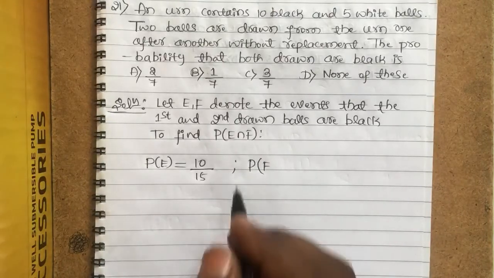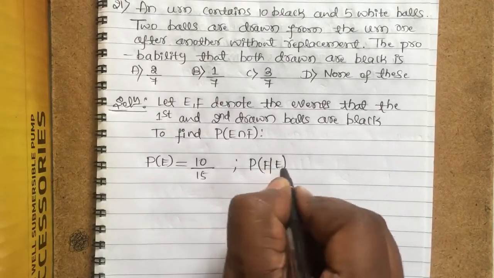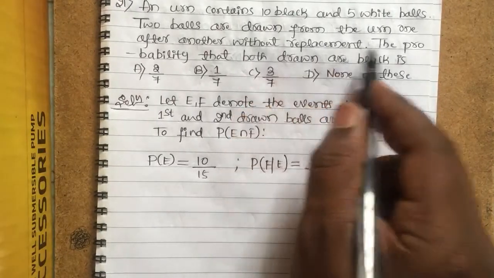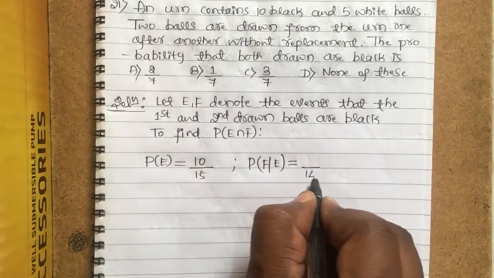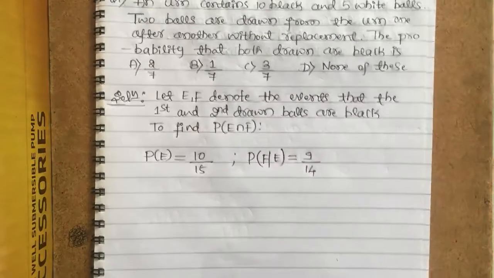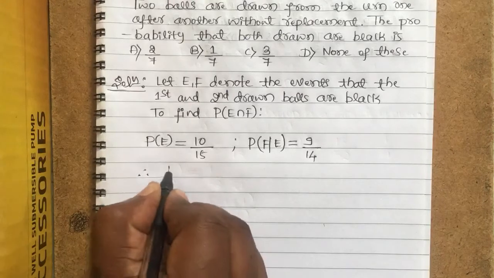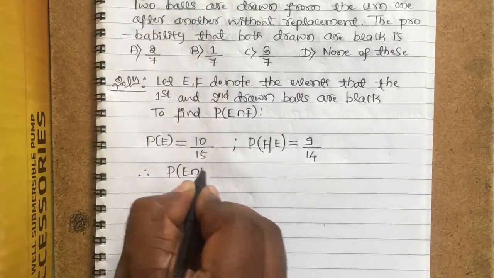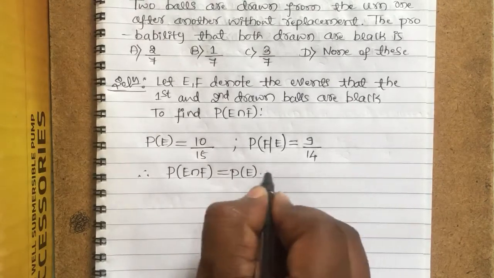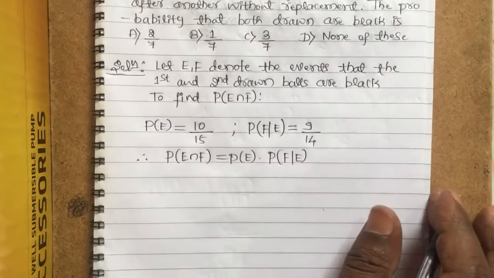So what about P of F? Probability of the second ball drawn is a black, given that first drawn ball is also black. So here is given clearly without replacement. That means there will be 14 balls now. And then how many black balls are left out? It is 9. So that is why P of F by E, it is 9 by 14. Therefore P of E intersection F is equal to P of E into P of F by E. So we have to make use of multiplication theorem on probability.